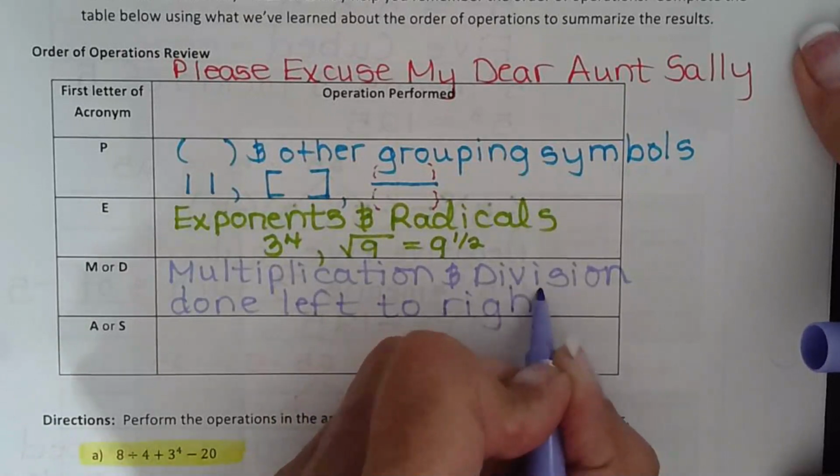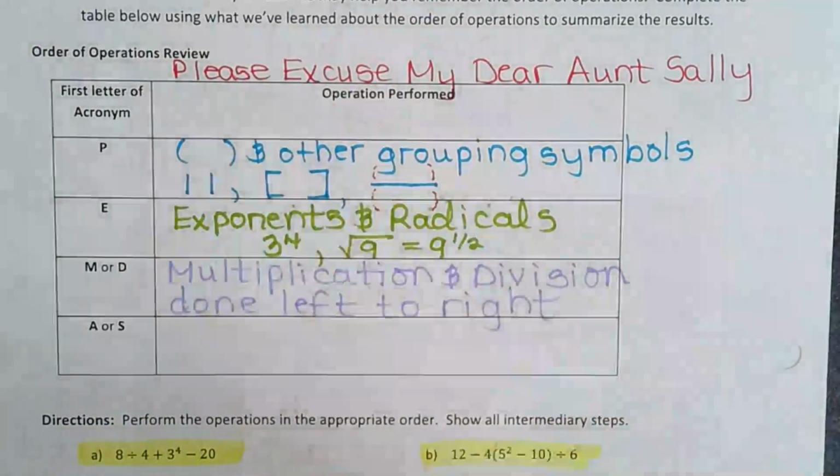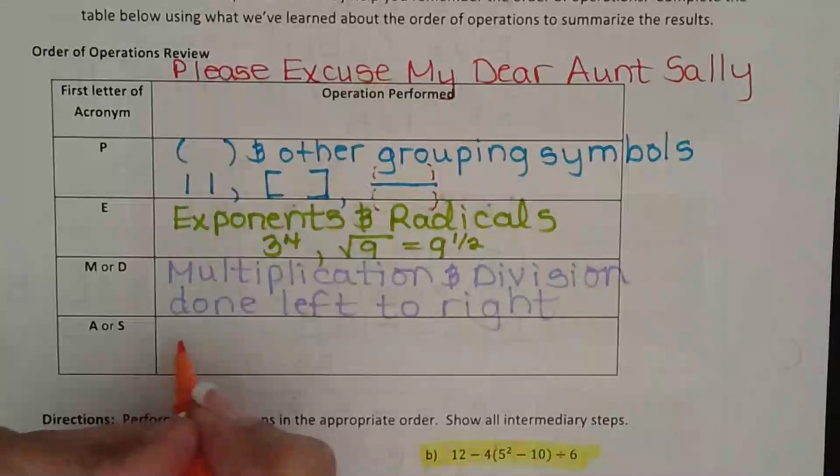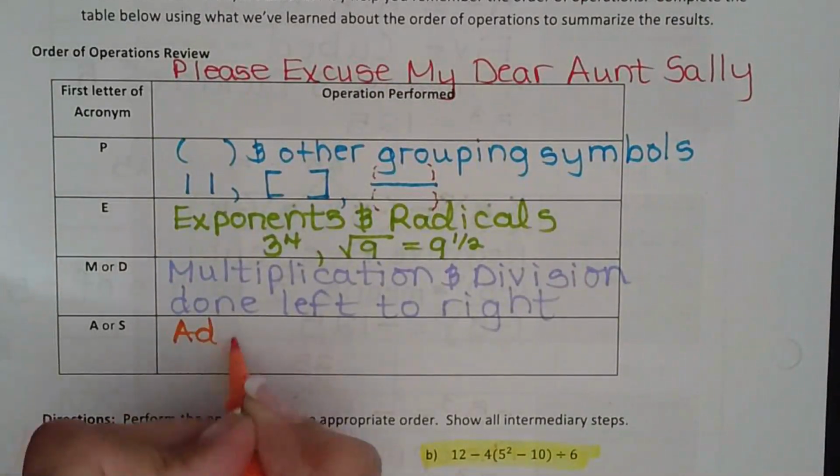And then last but not least, whenever we're doing a math problem, first we clear the parentheses or absolute value, then we do any exponents and radicals, then we clear up all the multiplication and division, and last but not least, we do addition and subtraction left to right.